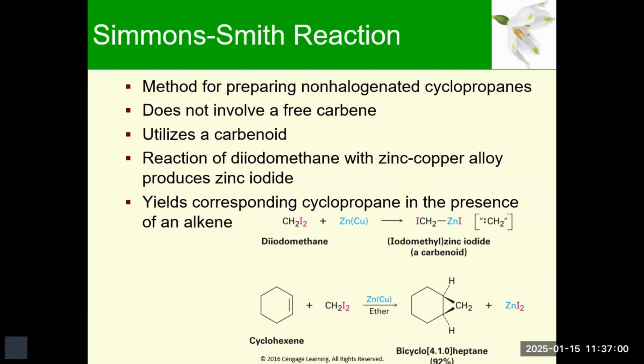Once that happens, the alkene can now react with the carbene to create that cyclopropane that we've been seeing. And this is the Simmons-Smith reaction. So it's a little different than the other ones because we're using a non-free carbene.